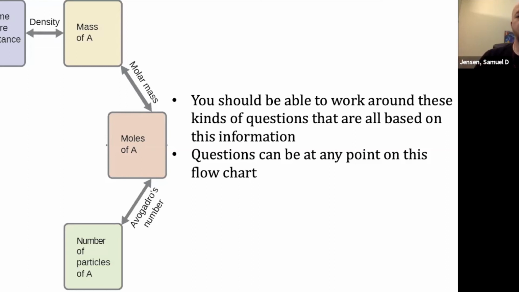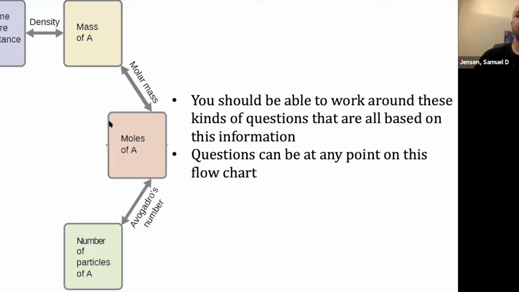But this begins to build us a kind of process flow chart that helps us understand what steps I should be taking when I'm doing a problem. Where am I starting from? What's my first step? How do I solve this problem that gives me volume and wants to know how many molecules are there, especially if it doesn't give you a lot of information?